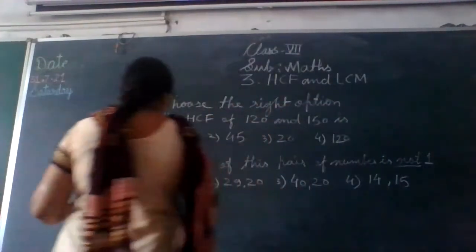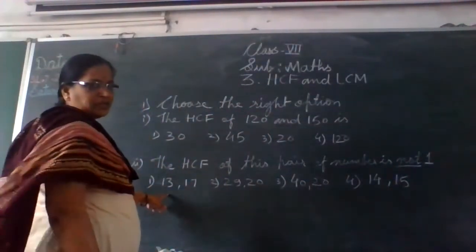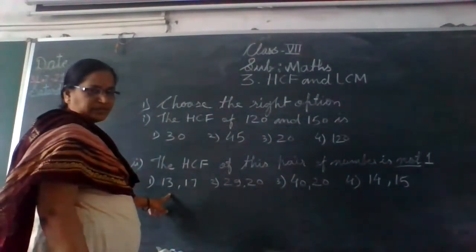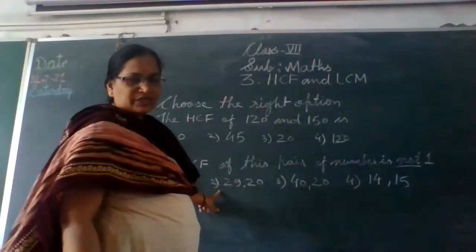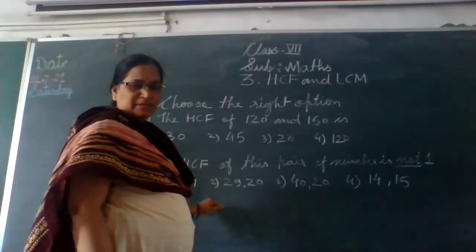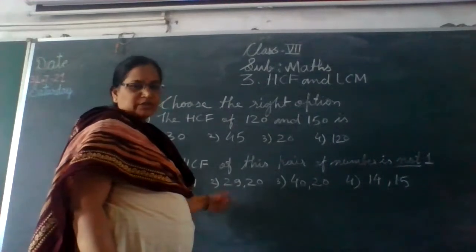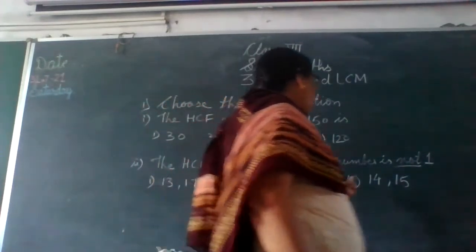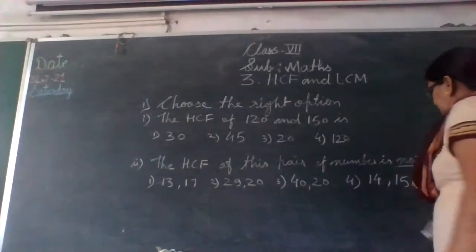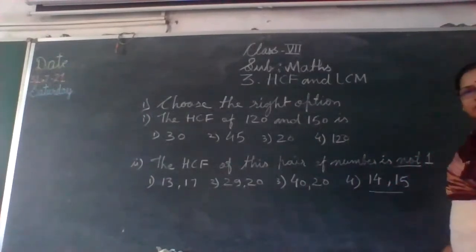See beta, 13 and 17 are both prime numbers, so their HCF is 1. 29 and 20, 29 is prime, another is composite, so also their HCF is 1. 14 and 15 are co-prime numbers.